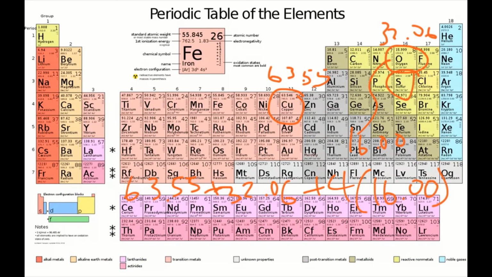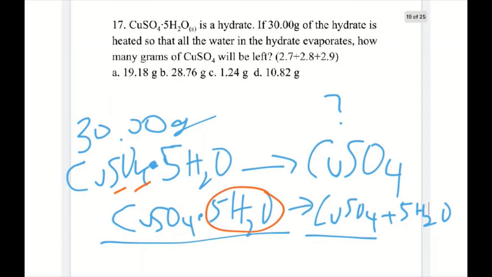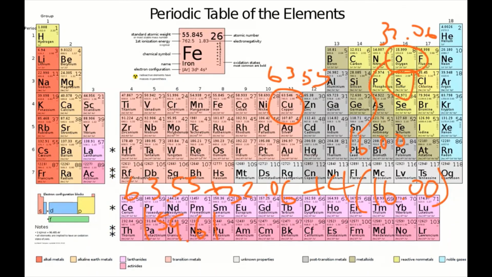And once you add all this up, we get that copper 2 sulfate alone has 159.61 grams per mole. But we need to remember the 5 water molecules that are attached because it's a pentahydrate. So each water is 18.02, and there are 5 of them, so we have to multiply by 5, and we get, let's see, 18.02 times 5, and then plus 159.61.